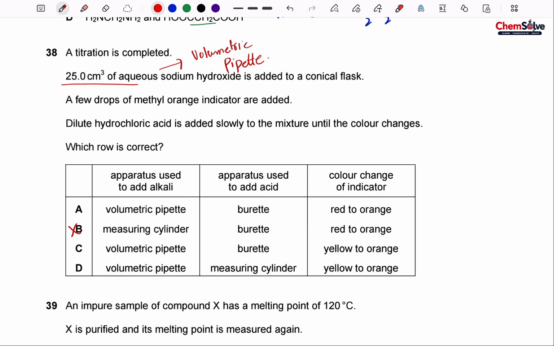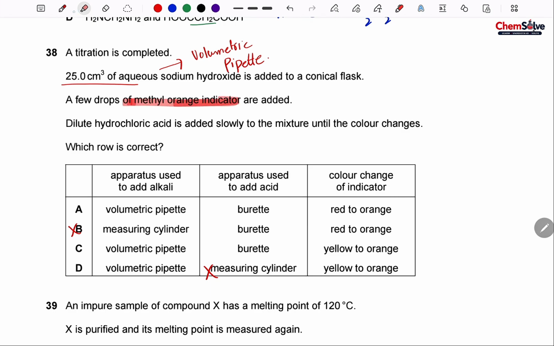Okay, apparatus used to add acid. How do we add acid? In titration, we use a burette to add the acid. So option D isn't the correct one. So we have to compete between A and C now. Now look at the color of the indicator. The indicator being used is methyl orange.